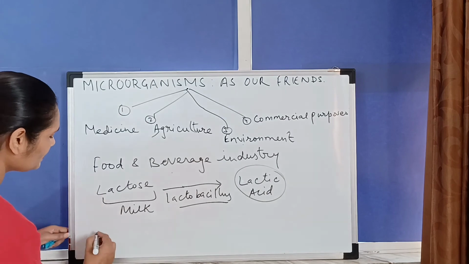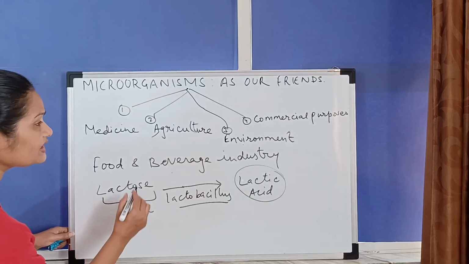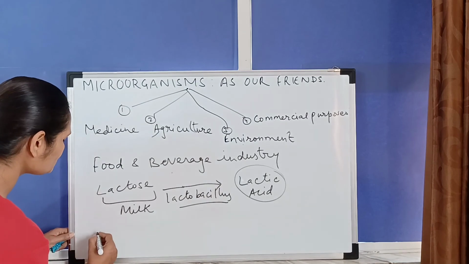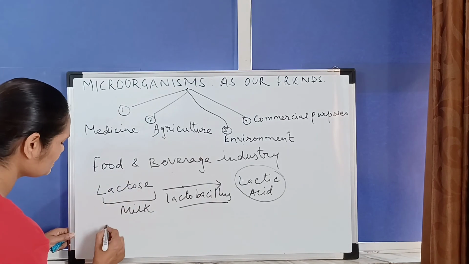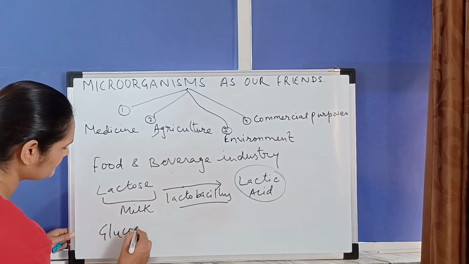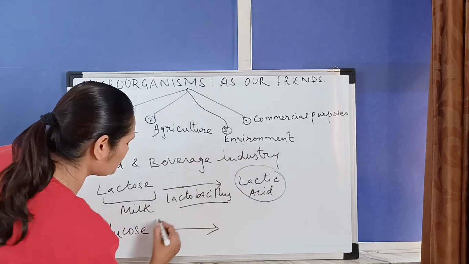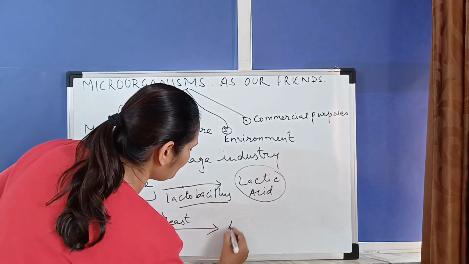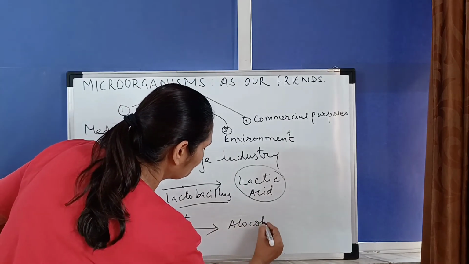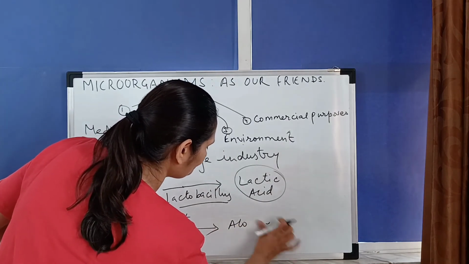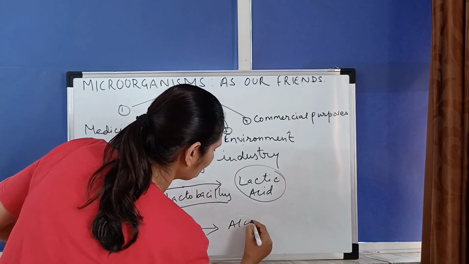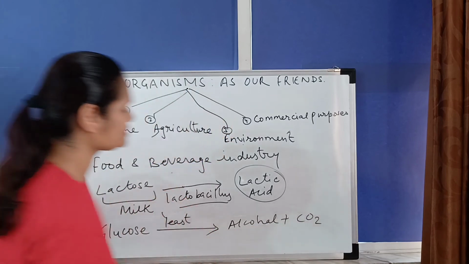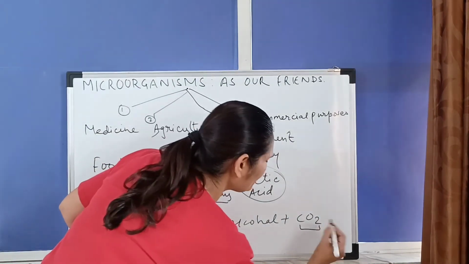Okay. Now, in the baking industry, why is yeast called the baker's friend? Because in the batter there is glucose present, right? So that glucose, in the presence of yeast, is converted into alcohol and carbon dioxide. Now, what does this carbon dioxide do?